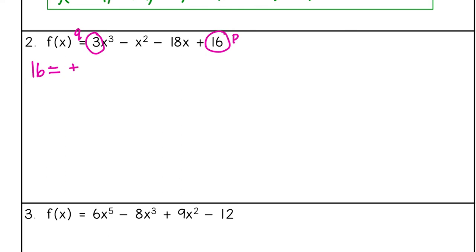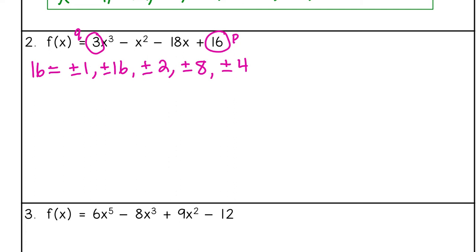So plus or minus 1 times plus or minus 16. That's the most obvious one. It's an even number, so I know I could do 2. So plus or minus 2 times plus or minus 8. 2 times 8. What else? And then we could do 4 times 4. You don't need to write it twice. You could just write it the one time. So plus or minus 4. Those are the factors of 16.